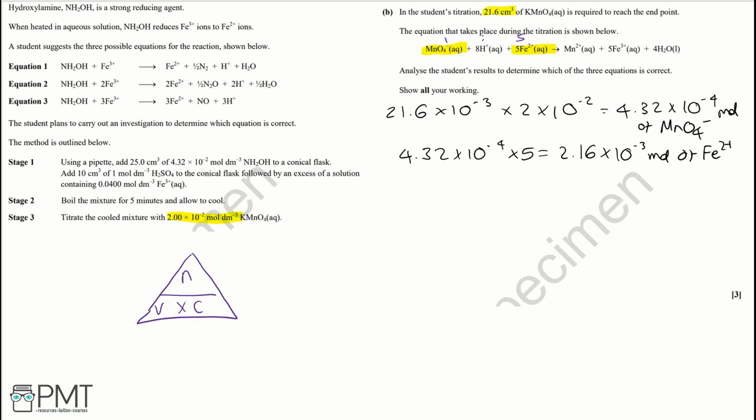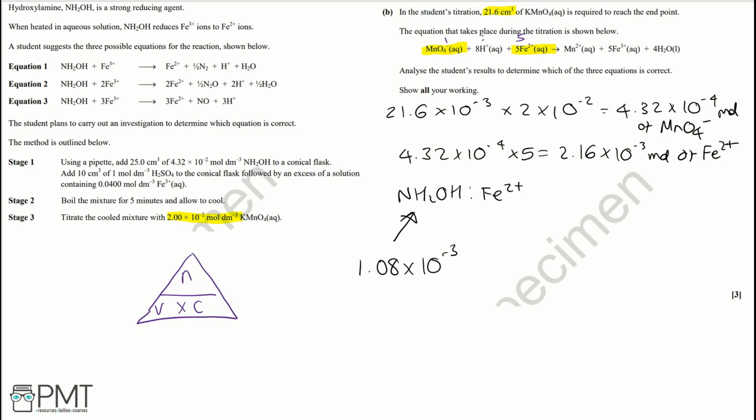Using this number of moles, we can then work out the correct equation. So we would do this using the ratio of NH2OH to Fe2+. In part A, we've worked out the moles of NH2OH, and those number of moles were 1.08 times 10 to the negative 3.